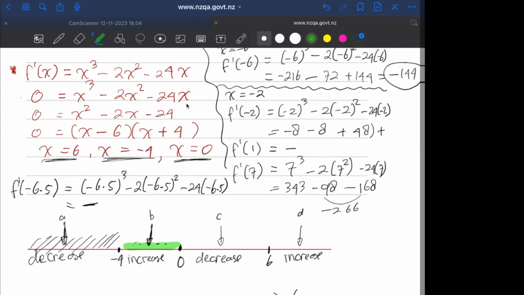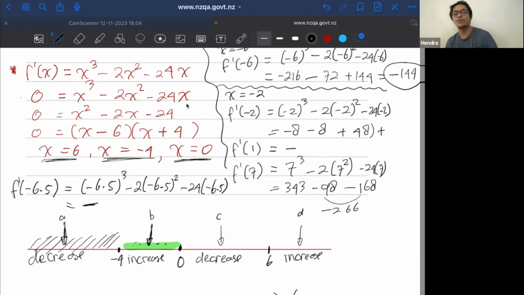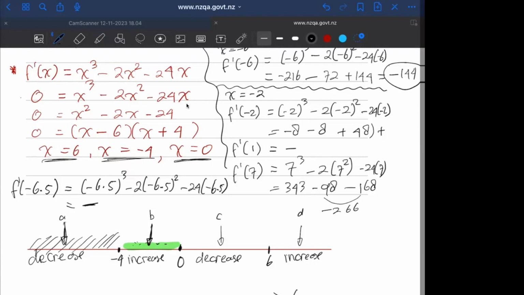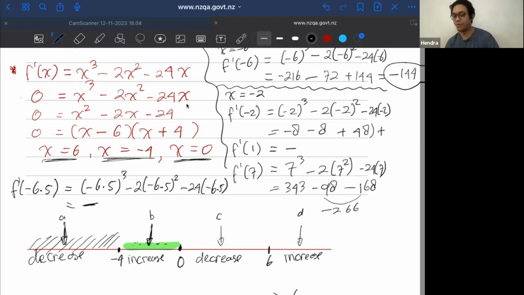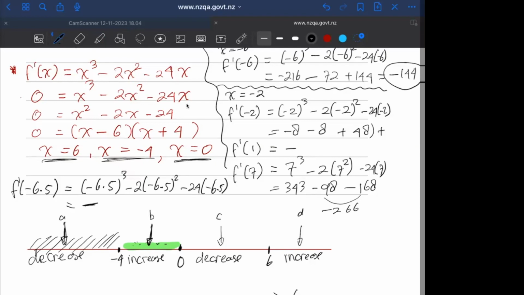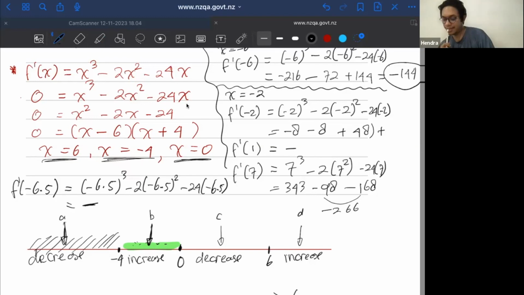So as long as we test numbers in between, it will always be okay. Normally, most people choose a simple number like 1 or 2 or 0. So we only need to test one number in between, and we can have a conclusion that the function is increasing or decreasing.